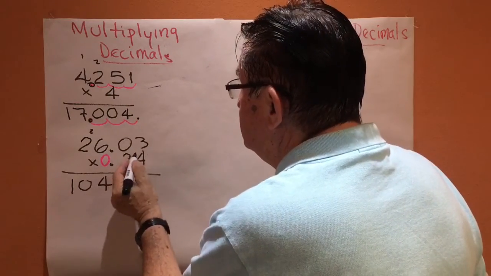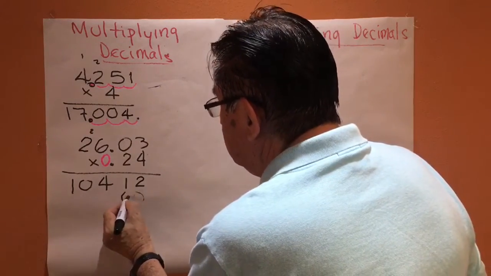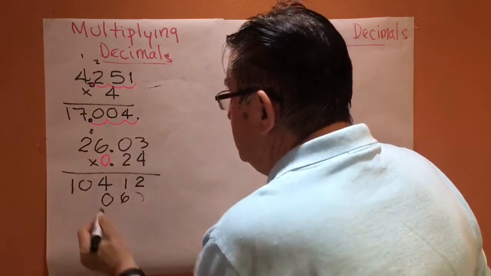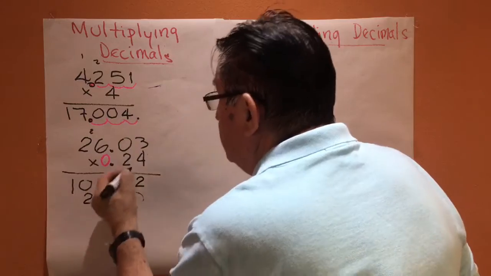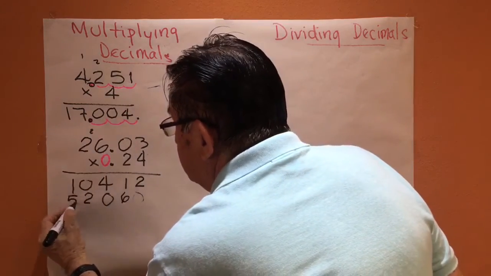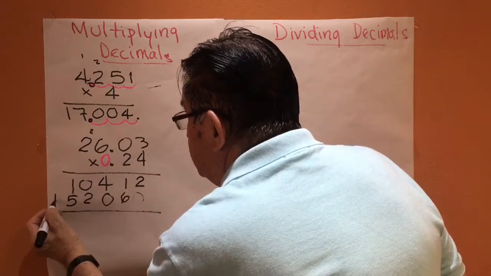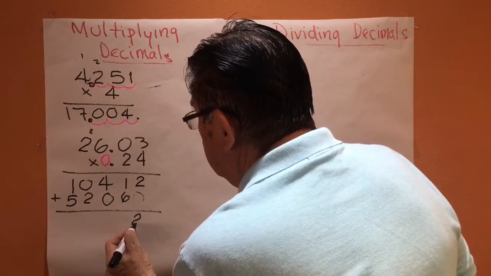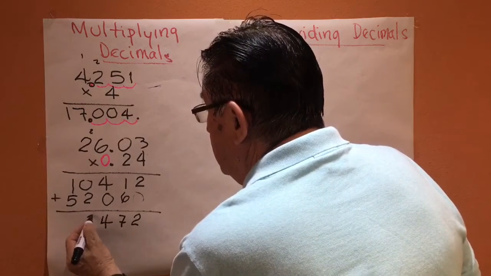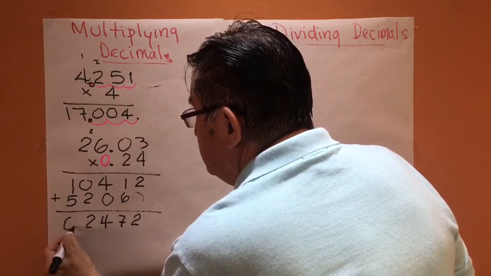We say 2 times 3 is 6. 2 times 0 is 0. 2 times 6 is 12. We carry 1. 2 times 2 is 4 plus 1 is 5. Then we add. We have 2. We have 7. We have 4. We have 2. And we have 6.